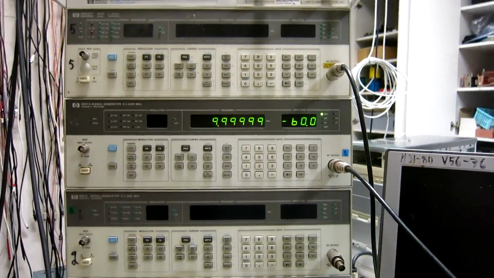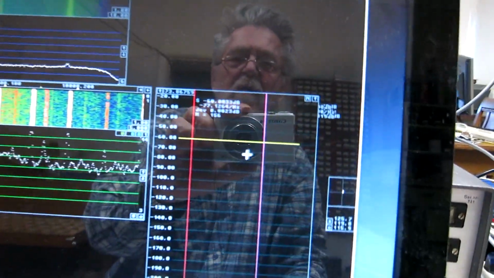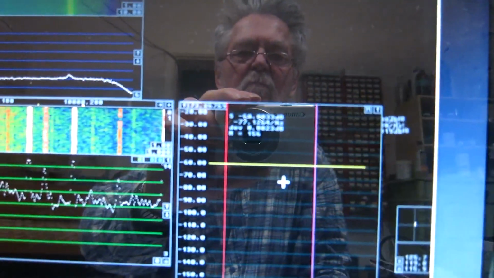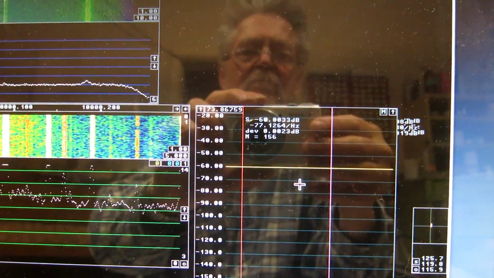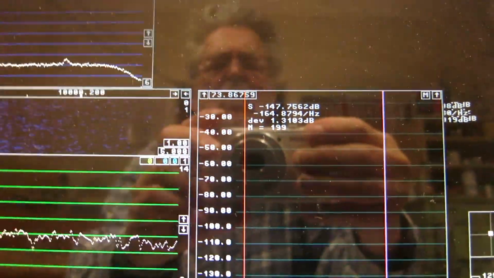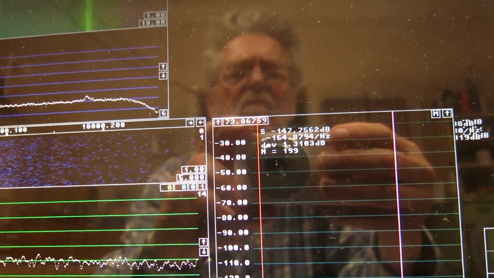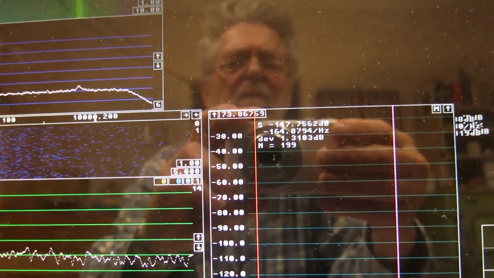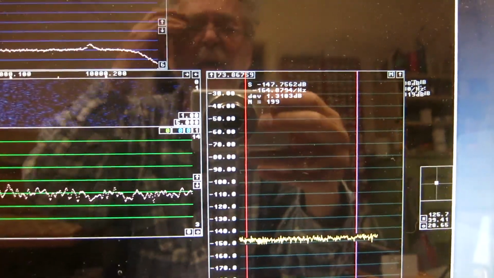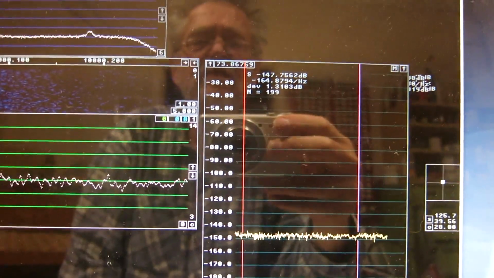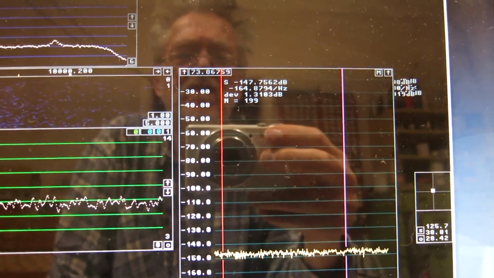I have connected this generator again to the input and calibrated Linrad to show minus 60 dBm. The noise floor I see now is minus 164.9 dBm per hertz at the center. I had minus 163.7 before doing the changes.